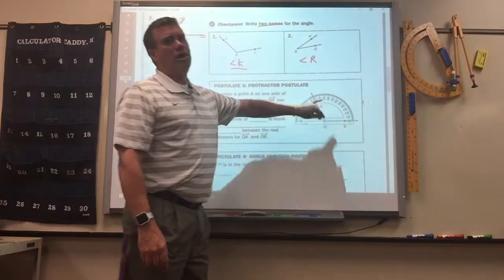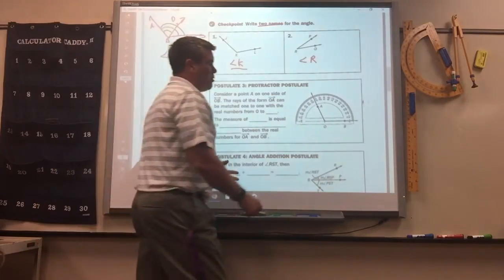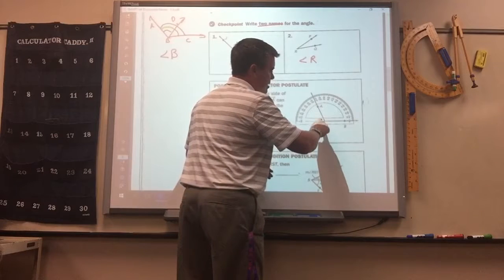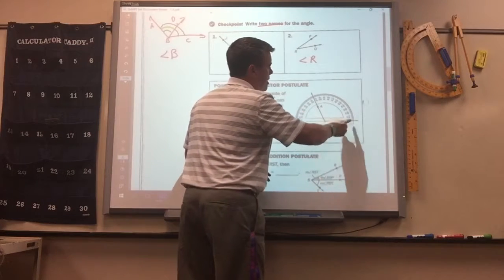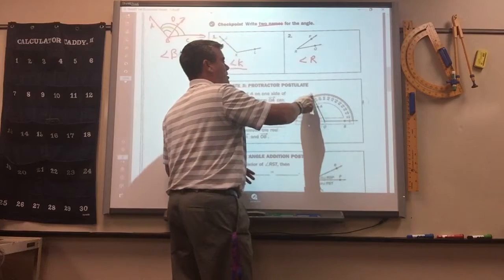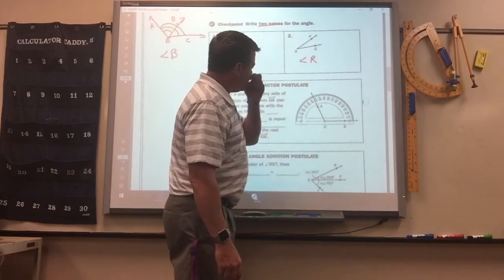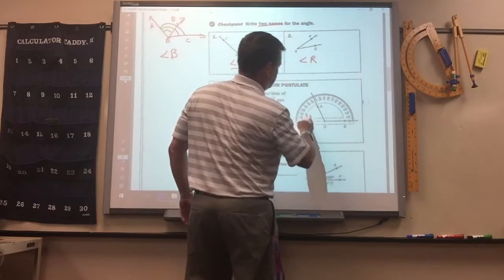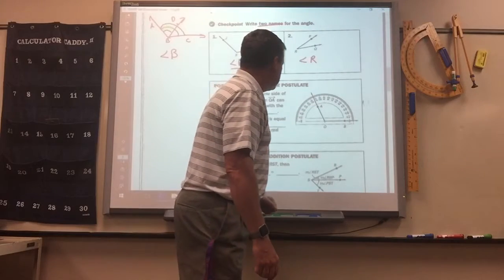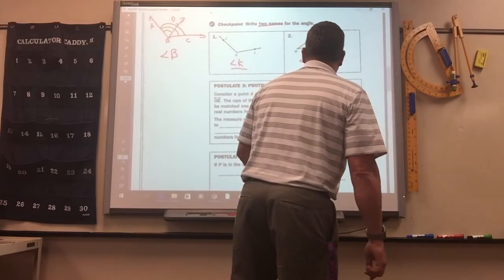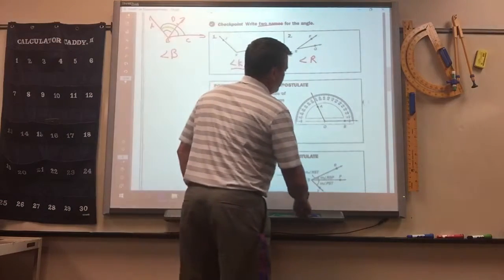Protractors. We don't do a whole lot of measuring with the protractors. But remember, what you do is you put the vertex on the crosshairs right there. Line it up here, and then you can go up until the line goes through here. Now there's two possible numbers. This goes through, kind of blurry, hard to see. I'm gonna say 113.